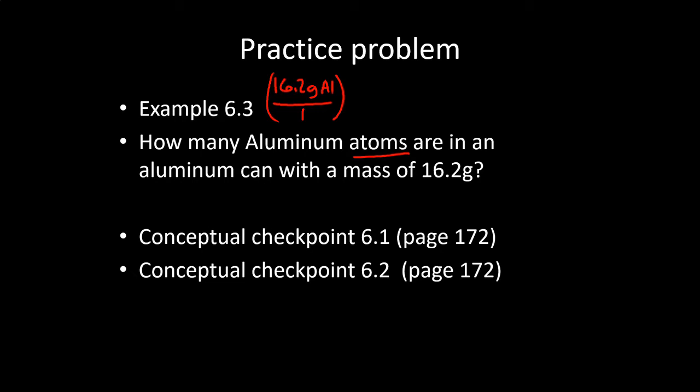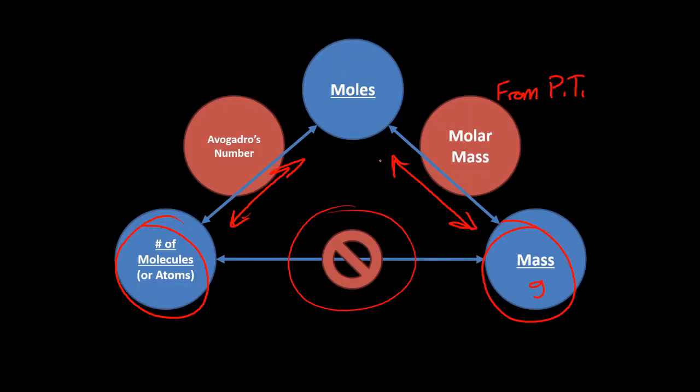Now the molar mass of aluminum, if I remember correctly, is 27, but let me check real quick. Yeah, essentially 27. 26.98. So for every 26.98 grams of aluminum, I will have 1 mole of aluminum. That is the molar mass, directly from the periodic table. That is the first step, but I'm not done yet.